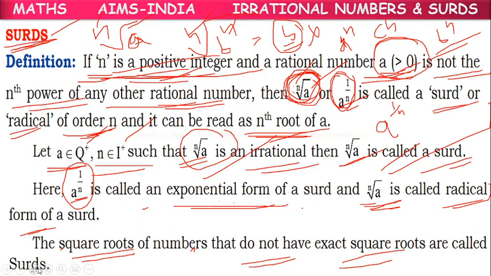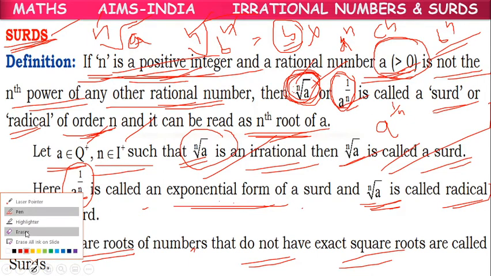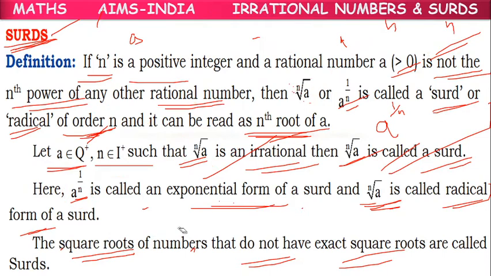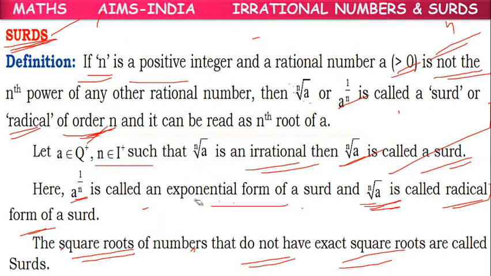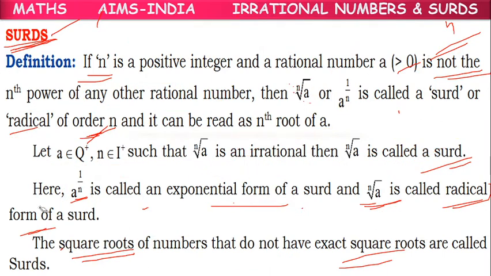Next, what are surds? Surds are numbers in the form of nth root of a, where n is a positive integer, a is a positive rational number greater than 0, and a cannot be expressed as the nth power of any other rational number.